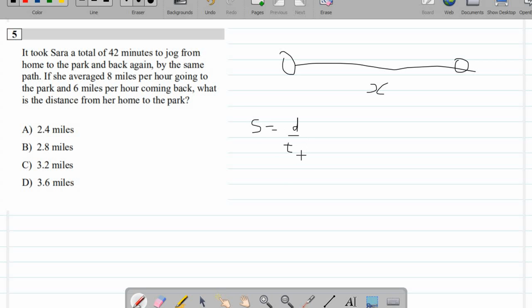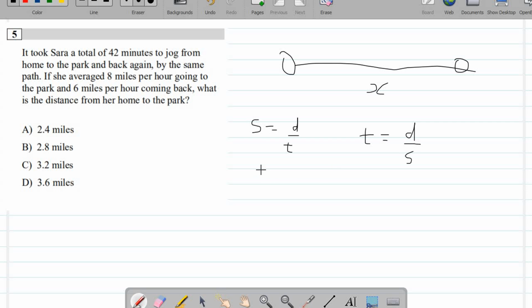Now, since speed equals distance over time, we also know, if we crisscross this, that time is equal to distance over speed. Now let's look at this very critically.